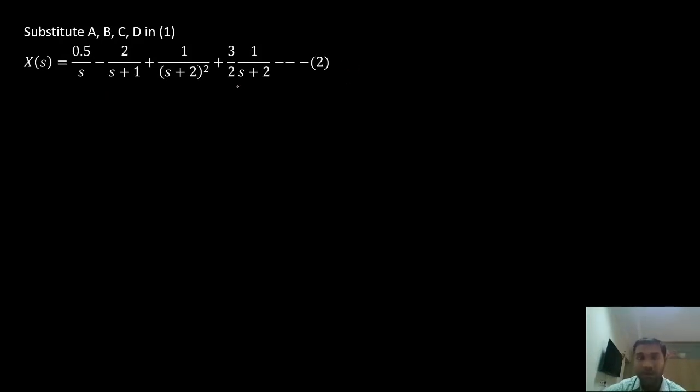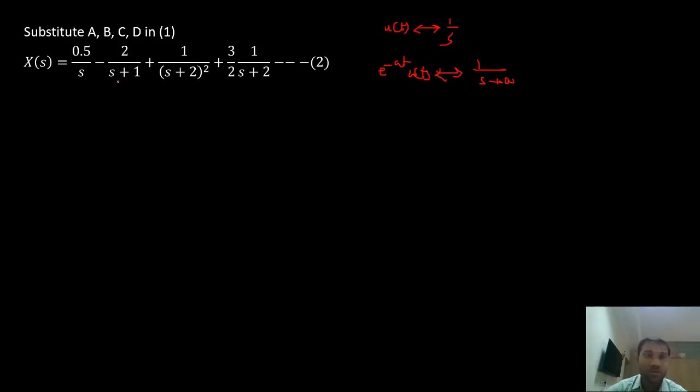Now we'll look at what are the standard Laplace transform pairs that we have in this form, right? So now we know u of t has a Laplace transform 1 by s, then e power minus at into u of t has the Laplace transform 1 by s plus a, right?